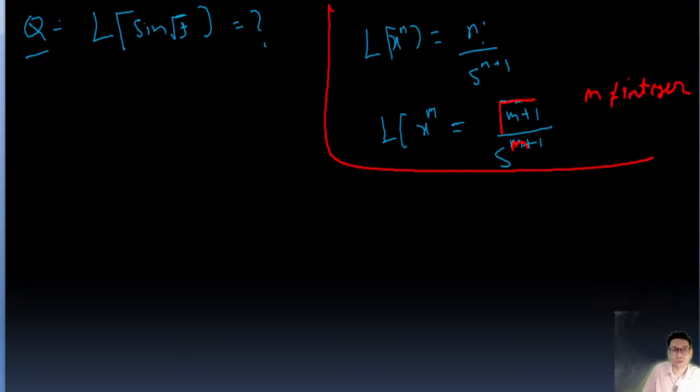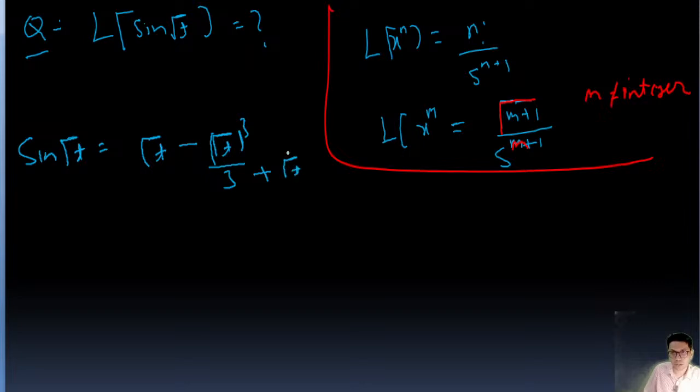Now the value of sin root t, we can open it. We know how to expand sin of root t: root t minus root t cube upon 3 factorial plus root t to the power 5 upon 5 factorial, and so on.